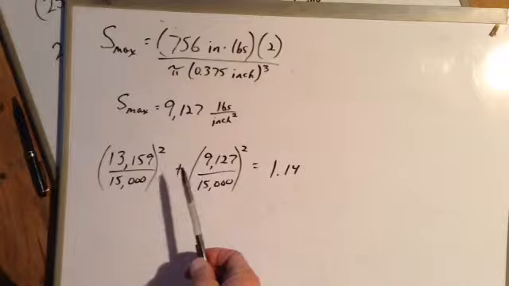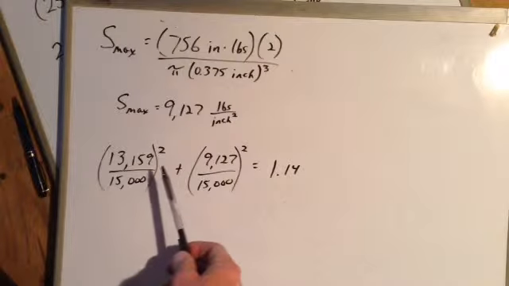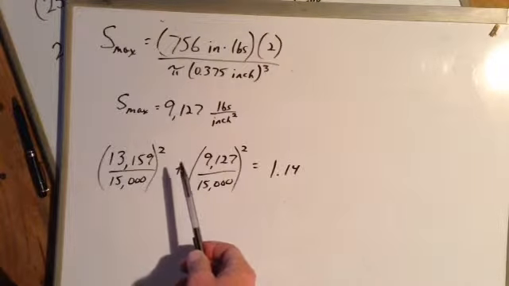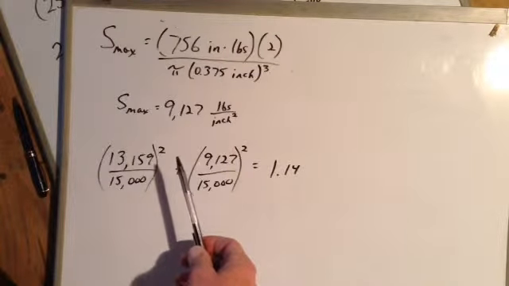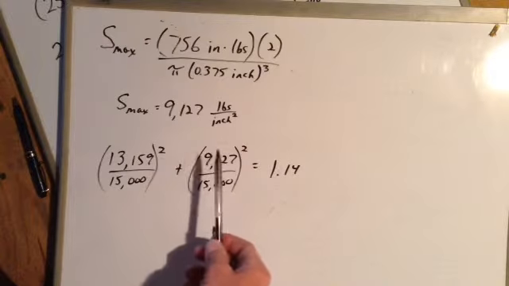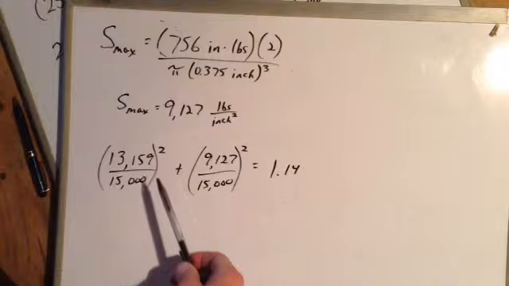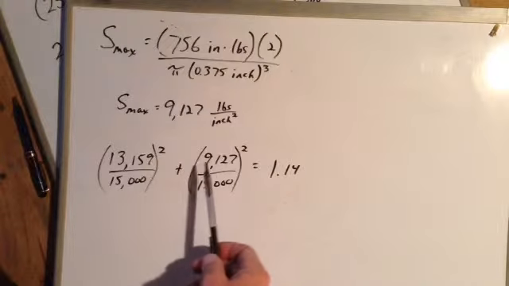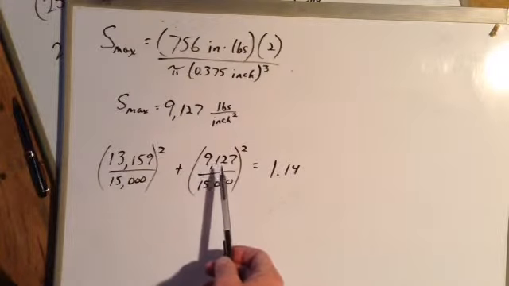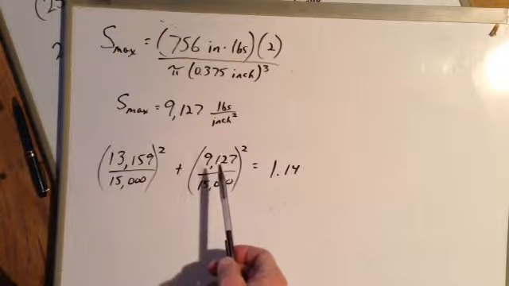So if 15,000 psi is the maximum stress allowed in only one direction with no other stress in any other direction, can we allow 13,159 psi in one dimension and 9,127 psi in a perpendicular dimension?